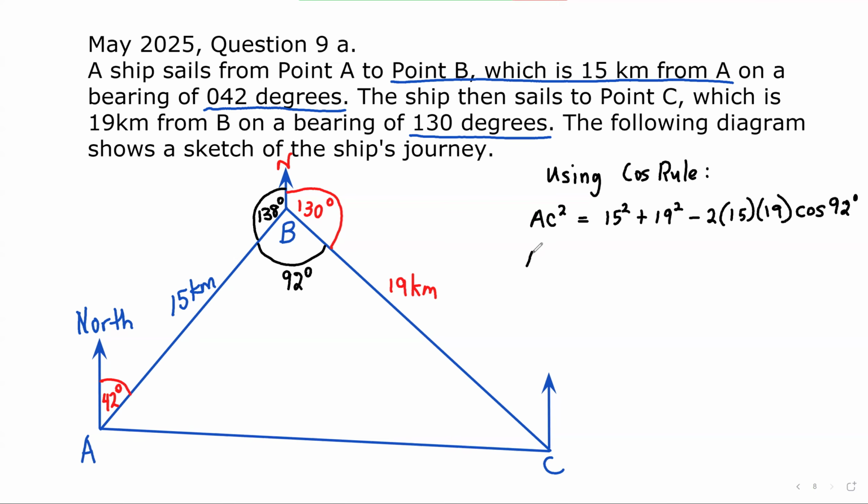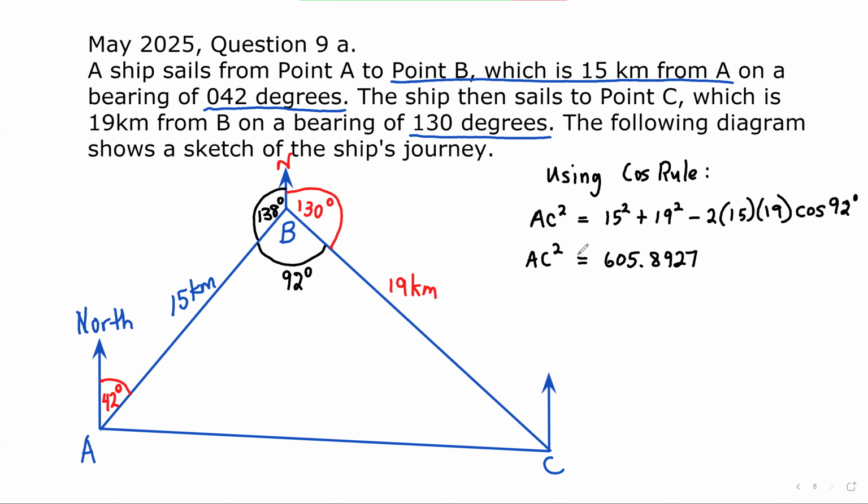So then this would give me AC squared is equal to, so we could work this out. You could type that whole thing in on your calculator, 15 squared plus 19 squared minus 2 times 15 times 19 times cos of 92, which gives me a very big number, 605.8927. I'm just going to write 4 decimal places.